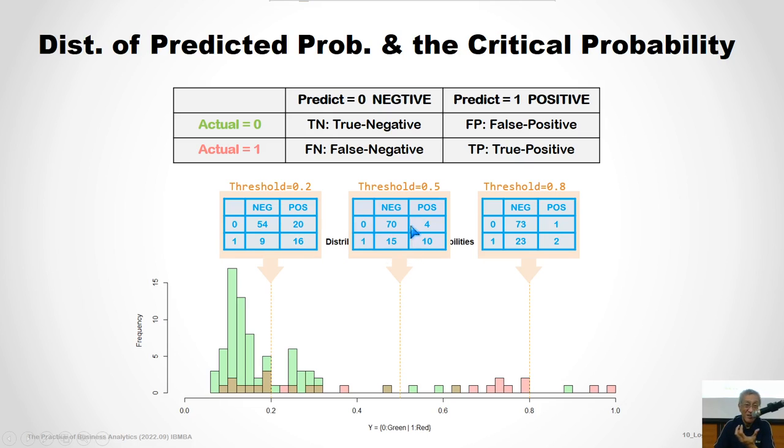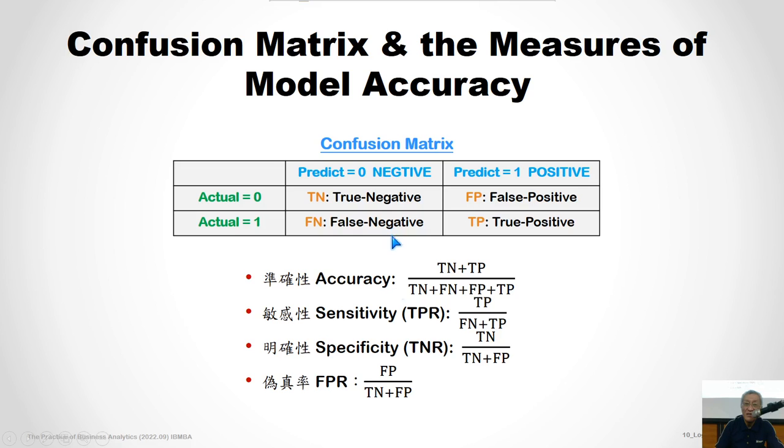So traditionally, that's the way we do it: we set the threshold at 0.5, and then we have some positives and some negatives, and we build the confusion matrix. Then we can calculate the accuracy measurements. Each cell within the matrix has a specific name.